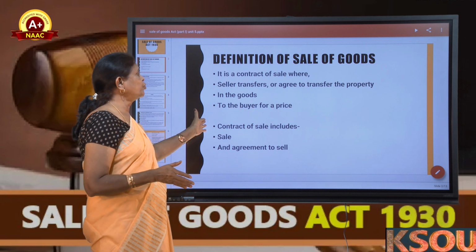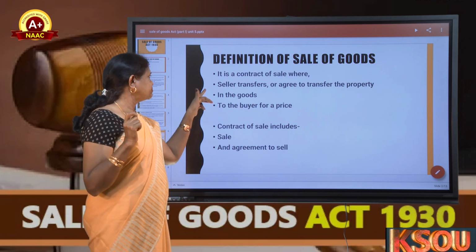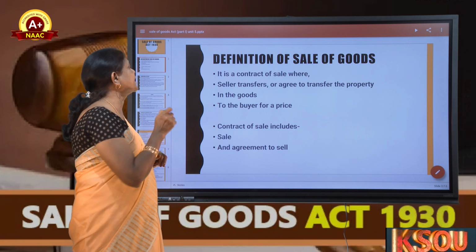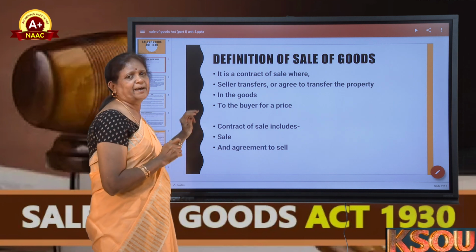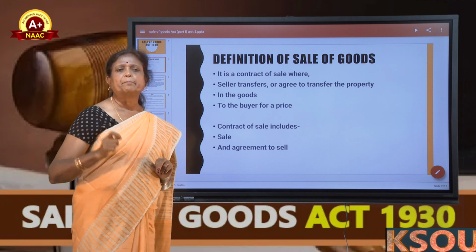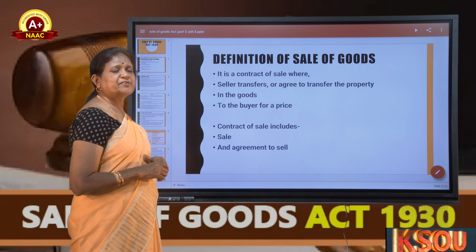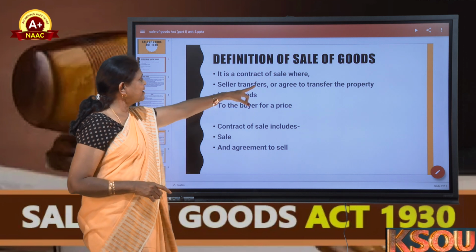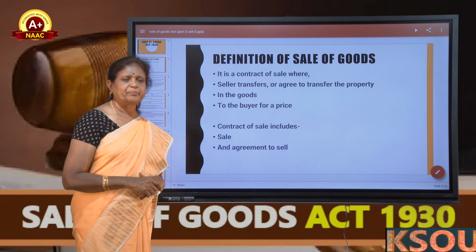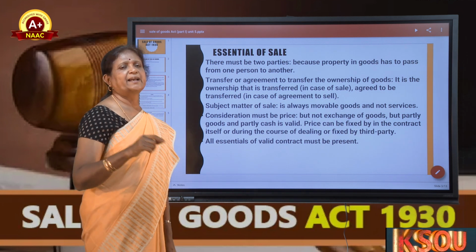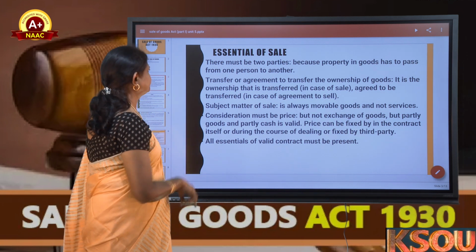So in a sale of goods, the seller transfers or agrees to transfer the property in the goods to the buyer for a price. Price is always money. A contract of sale includes a sale or an agreement to sell. So two types are possible: one is sale and another is agreement to sell.